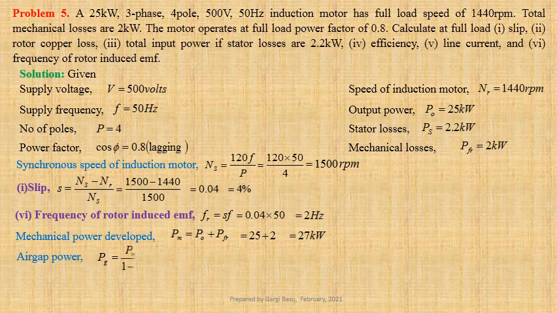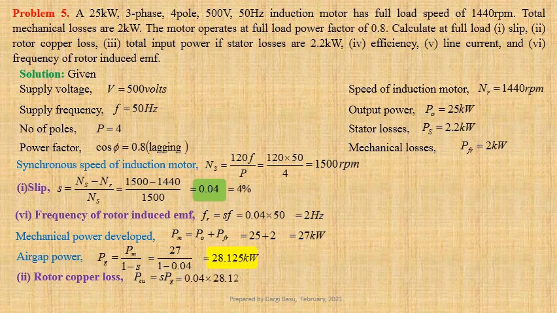PG equals PM divided by 1 minus S, that is equal to 27 divided by 1 minus 0.04, that gives us 28.125 kilowatt. Rotor copper loss P copper equals S times PG, that is equal to 0.04 into 28.125, that gives us 1.125 kilowatt.